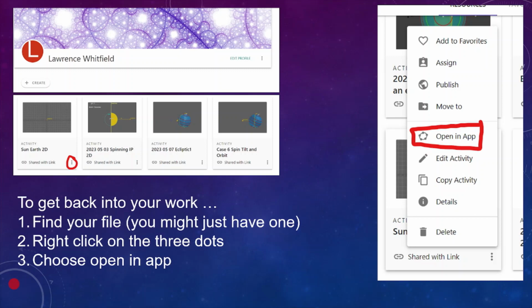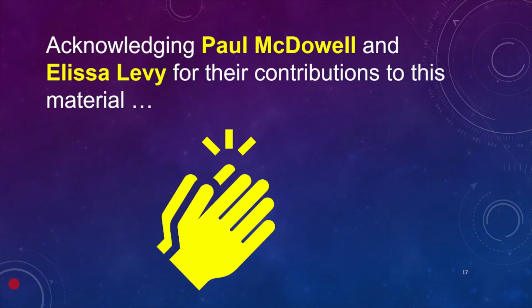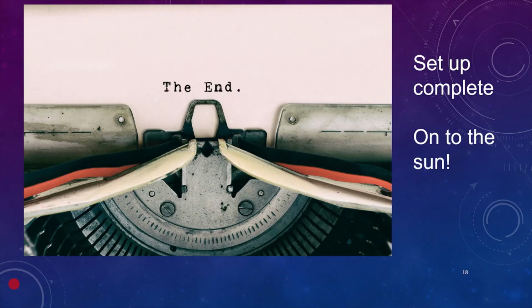To get back into your work, go to your file in question, right-click on the three dots that you see there, and that will give you the menu you see on the right, and you're going to left-click on Open in App, and that will take you into your file that you have previously saved. So that's the end of the setup, and the next step is we're going to add the sun.